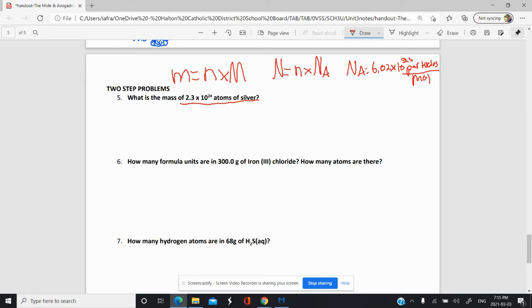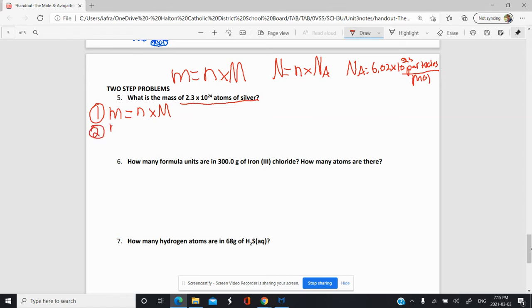So we are looking for, let's write this out here, what's our unknown? We're looking for the mass. And so we know for the mass that you need to do your number of moles times your molar mass. And what do we have from here? Well, let's take a look.